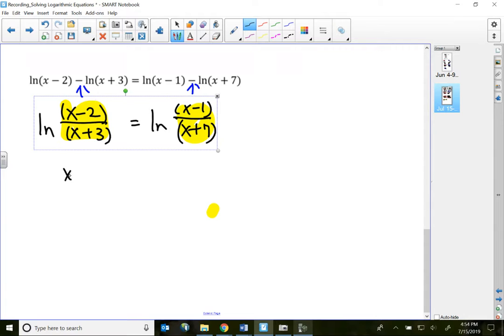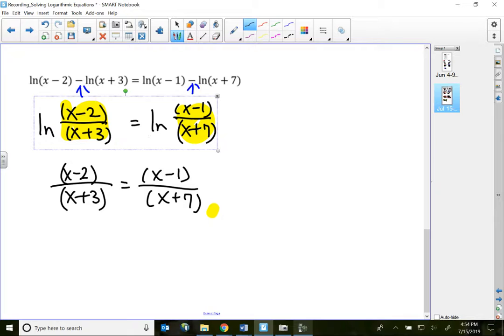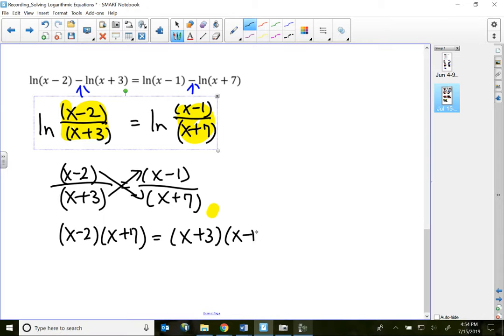So that means I get (x minus 2). I purposely put them in the parenthesis because I'm about to do a cross product here. All right, so if I do a cross product, that will give me (x minus 2) times (x plus 7) is equal to (x plus 3) times (x minus 1).